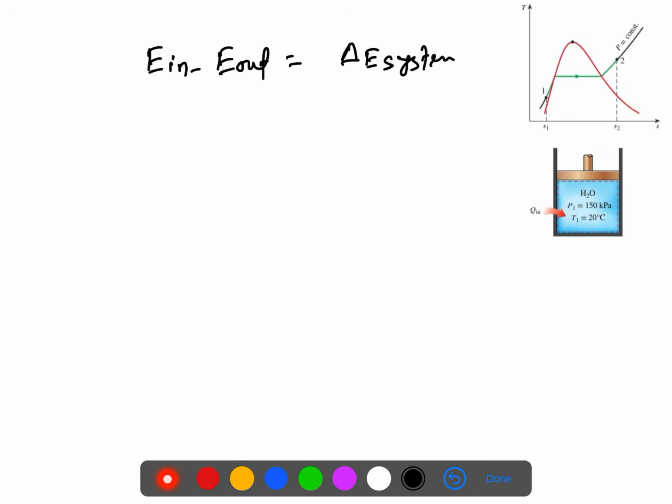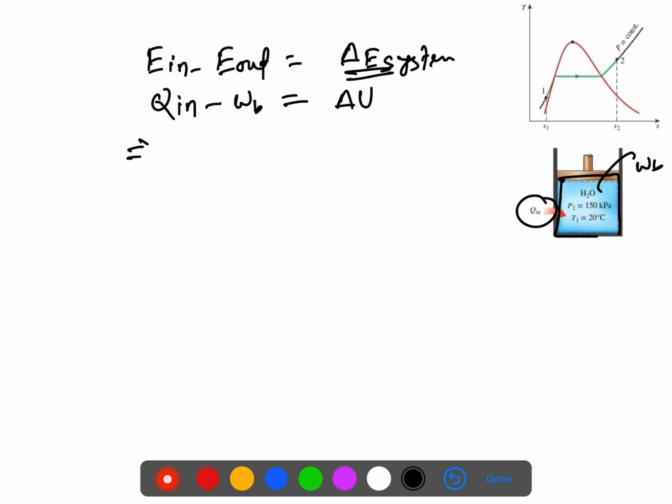So here, what is the energy in? Q in. What is going out? The boundary work, W_B. And inside, the delta E will be the change of the internal energy, delta U. I believe you understand. So here we can say Q in equals delta U plus W_B.